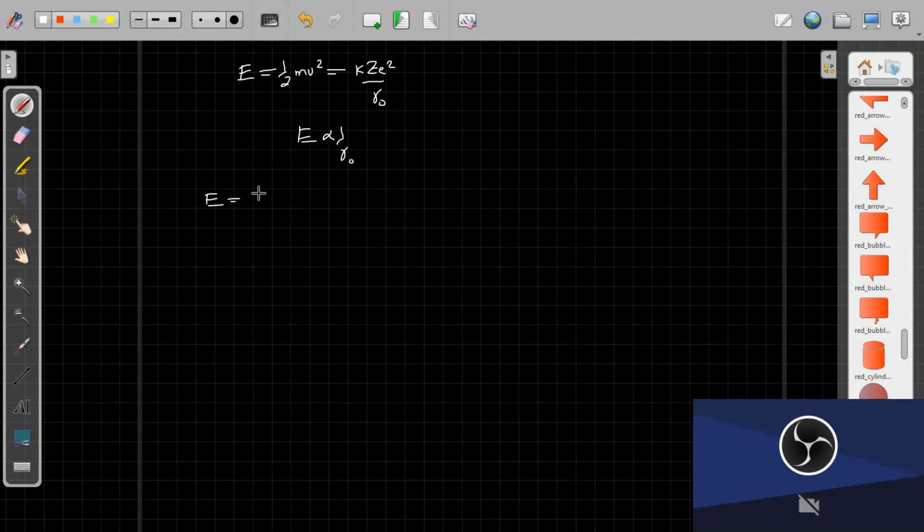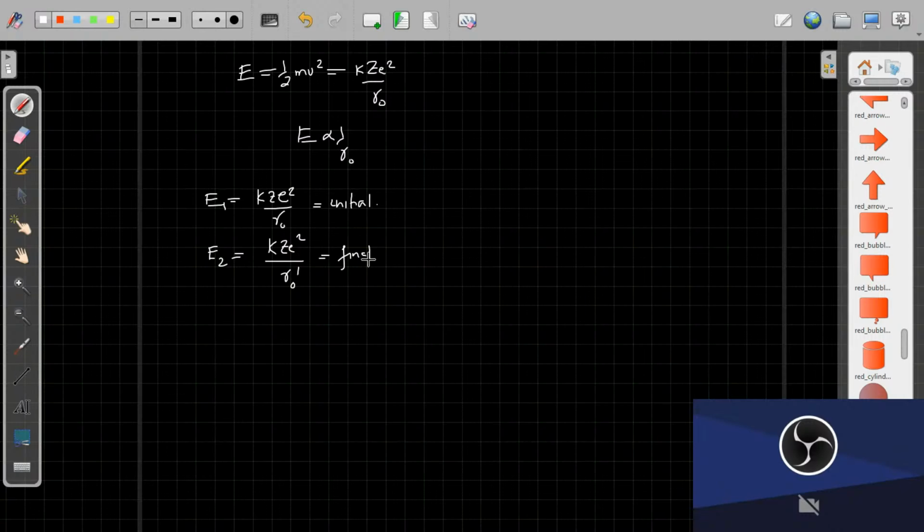E1 is the initial one, which is K Ze square by R naught, the initial state. The second condition is E2, which would be K Ze square by some value, let's say R naught dash. This is the final condition.